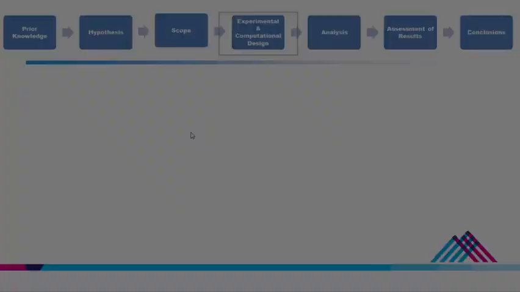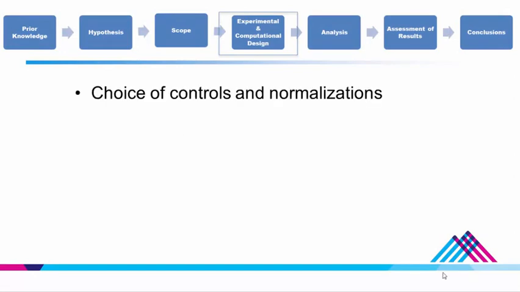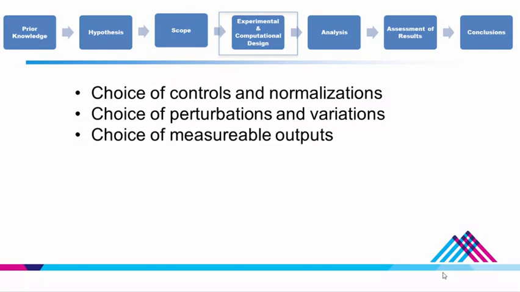Next, we need to formalize the details of the experimental and computational design. What are the appropriate biological and quality controls? If you're doing a comparison study, what is the appropriate comparison? What sort of perturbations or variations should you use? Different drug treatments, different mutations that you should compare. Finally, what should be your experimental outputs? What exactly should your target be?